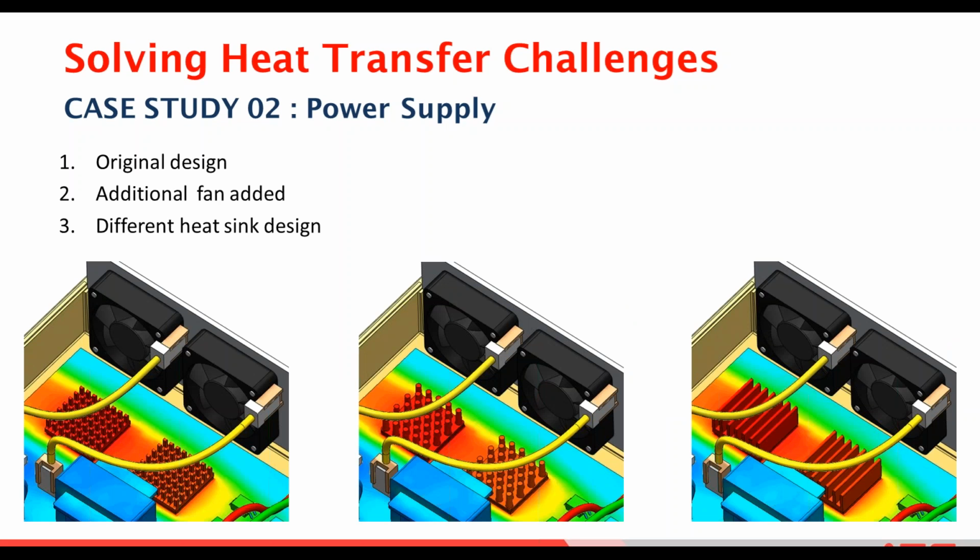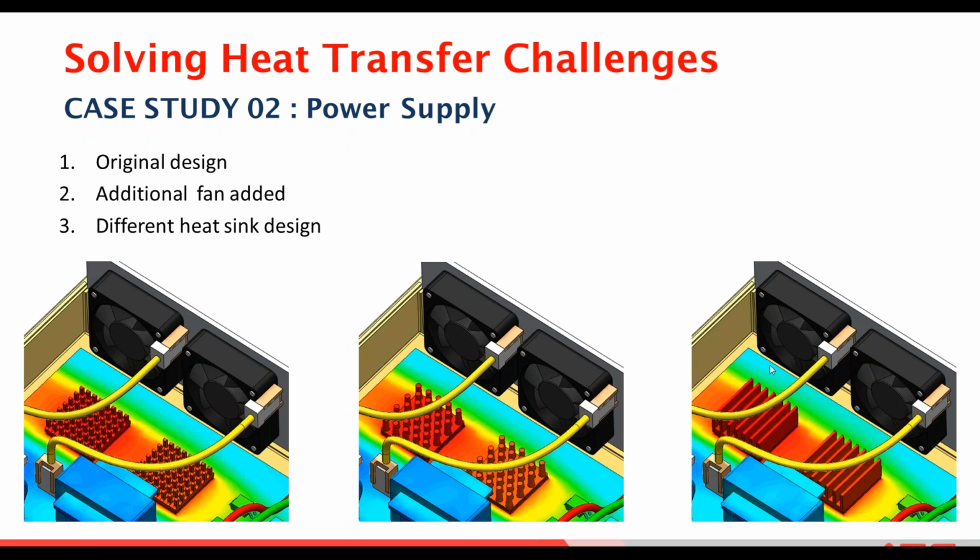As for the results, we went through two fans with three different designs: lower pins, taller pins, and the fins design. With the third iteration, the third scenario, we managed to achieve lower than 100 degrees C.